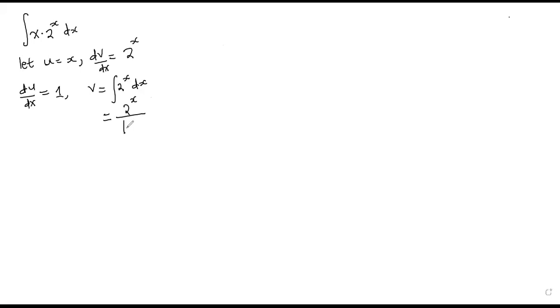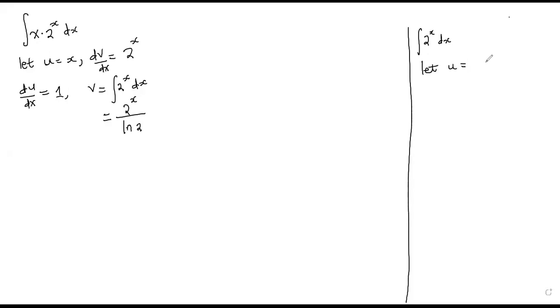I'm going to prove it here so that you don't get confused. We are going to check the integral of 2 power x dx. What we need to do here is let u be the whole thing.